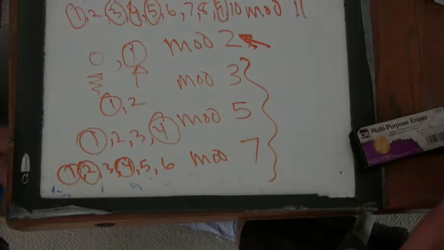And 11 squared would just be 0, and we're ignoring that. So how many did we get? We have 5.